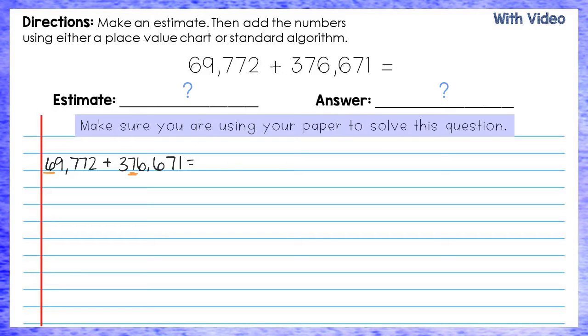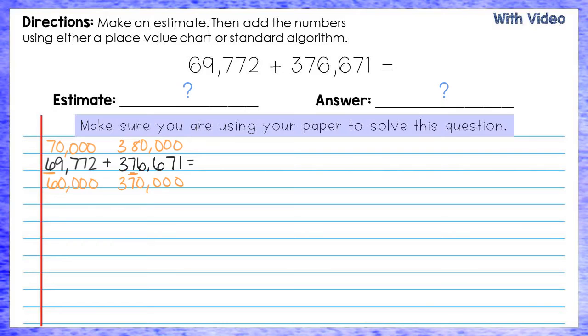So 69,000 is between 60,000 and 70,000. All right, then 376,000 is between 370,000 and 380,000.